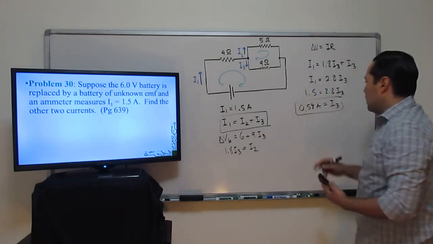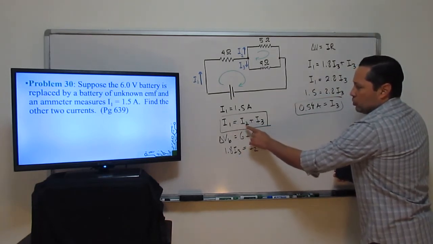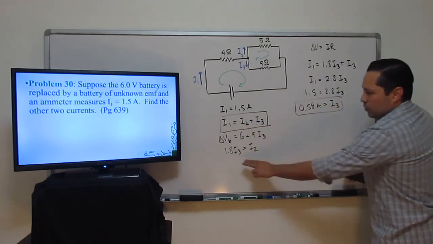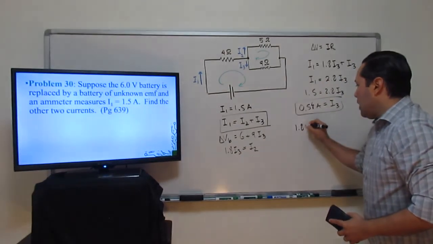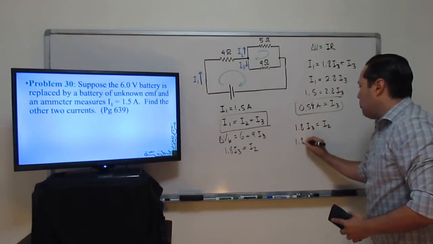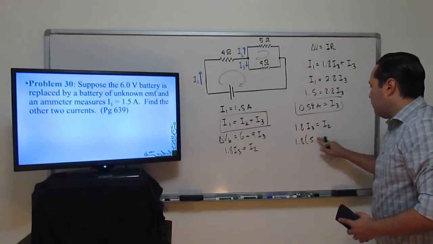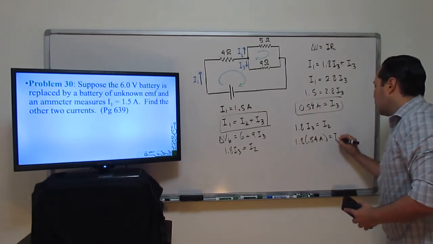That is I3. Now, lastly, I can solve for I2, now that I have I3. So let's use this formula. It looks a little bit easier. So it'll be 1.8 I3 equals I2. I'm going to substitute 1.8 times 0.54 amps equals I2.